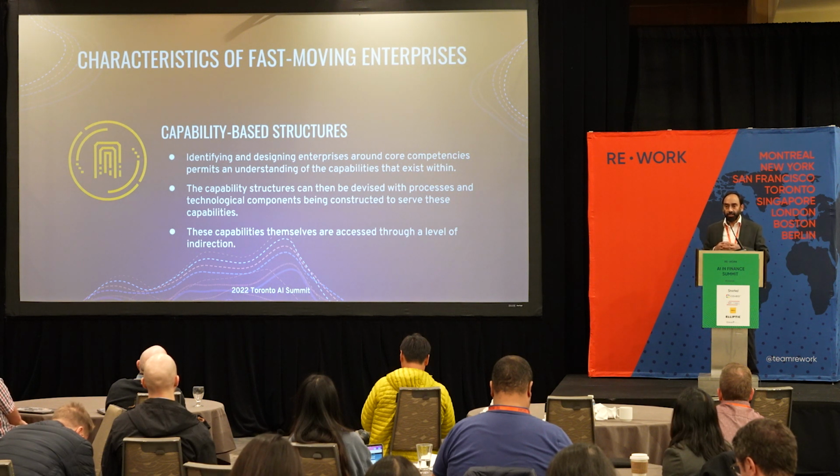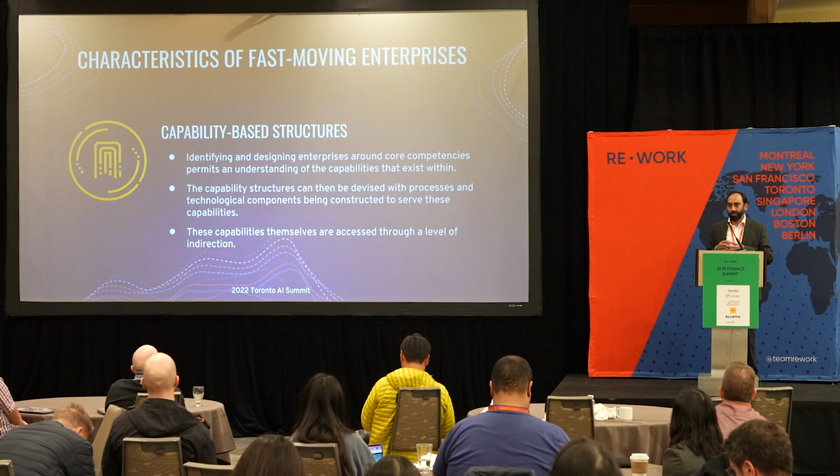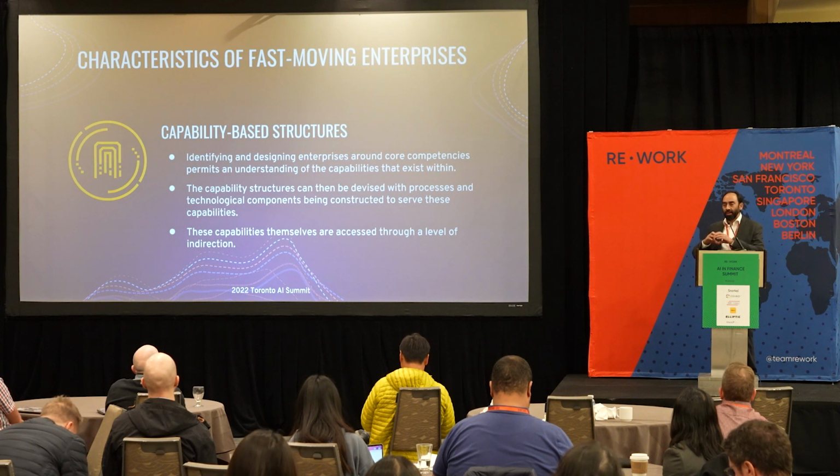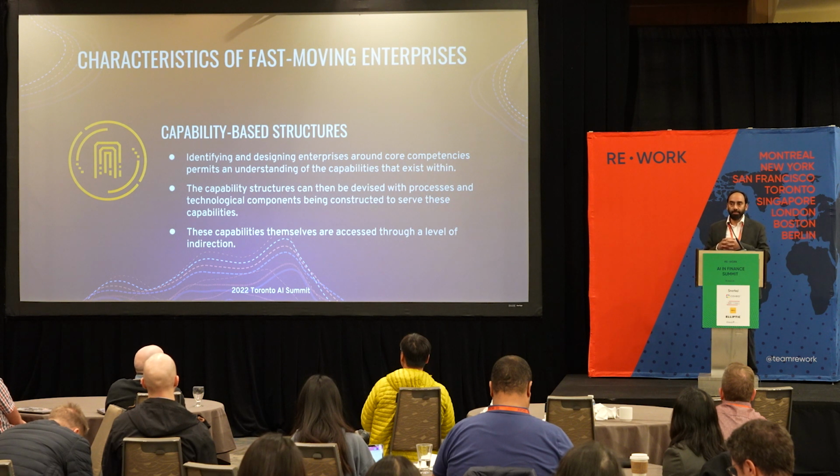This is essential to identify, because when you have capabilities identified in an organization and you have some kind of heat map that shows the degree to which you have those capabilities, you devise processes and technology solutions to support those capabilities.